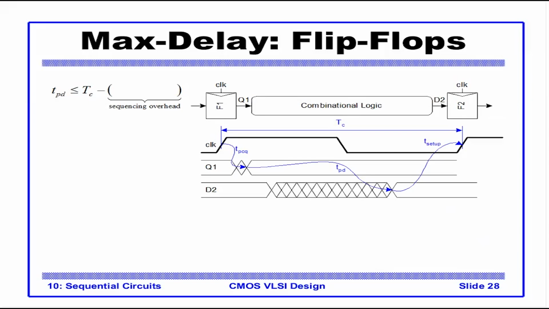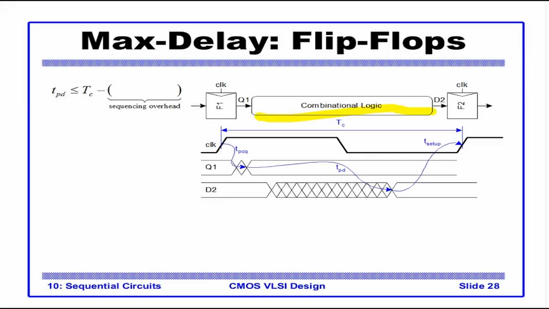Now let's say there was no sequential element here, so this combination logic is the only thing present. We say that the delay of this combination logic, let's call it TPD. So without any sequential elements present, the delay would have been TPD, right?